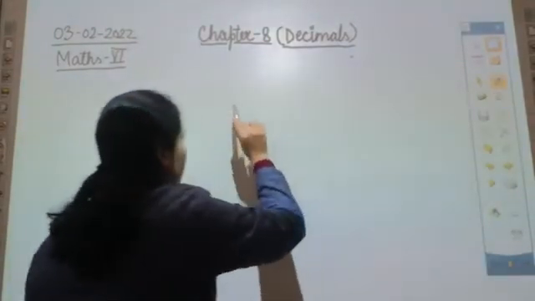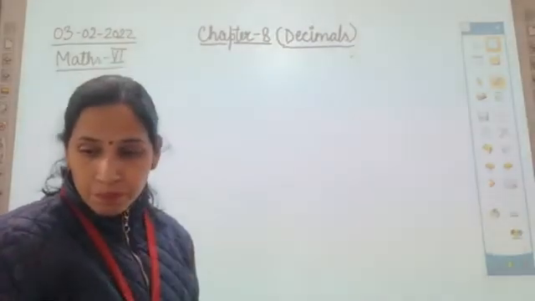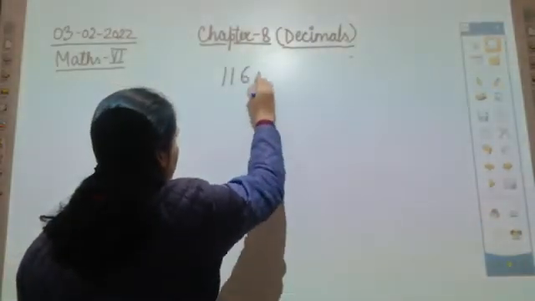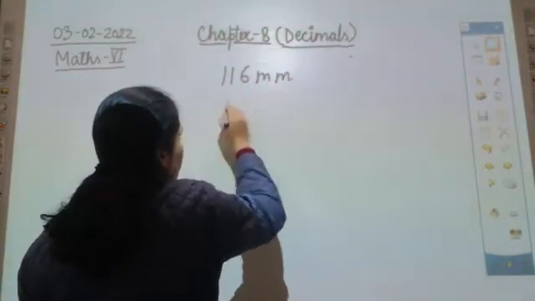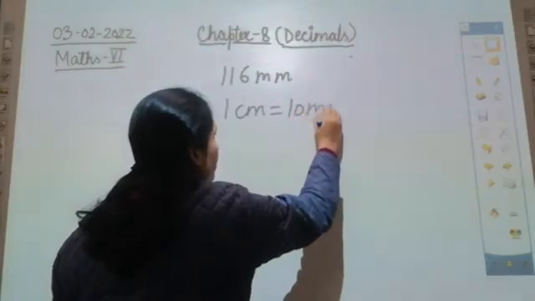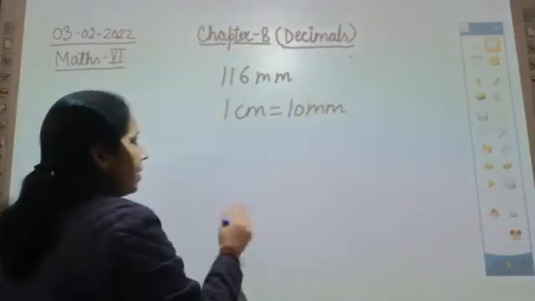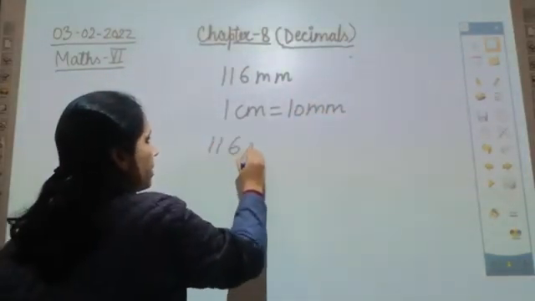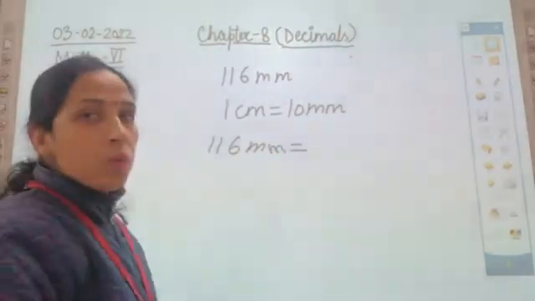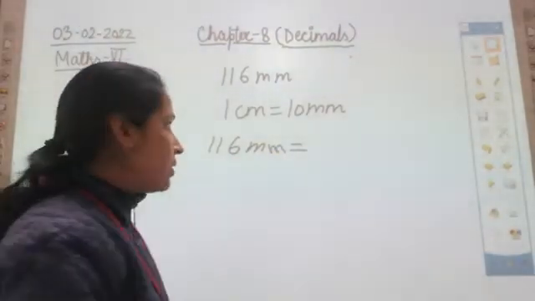Like if you are given 116 millimeters. We are all aware that in 1 centimeter we have 10 millimeters, 10 points on your scale. So 116 millimeters will be equal to 116 divided by 10.